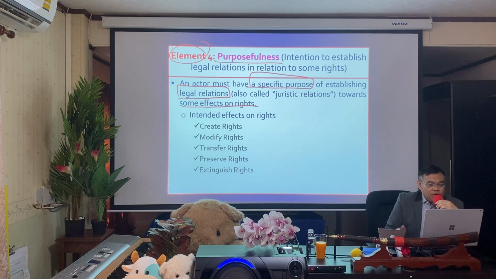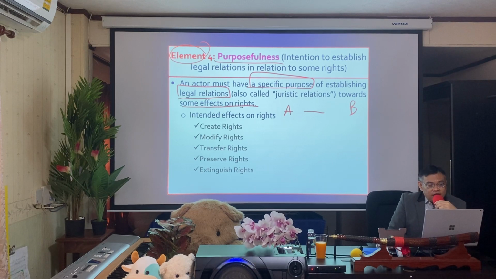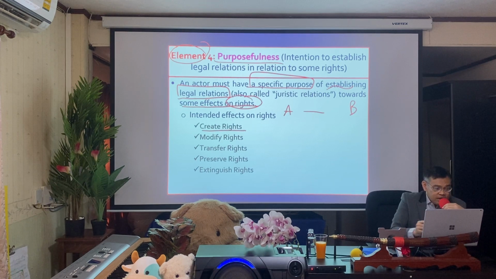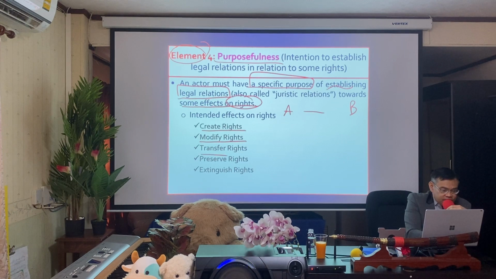A and B want to enter into a deal. They want to enter into a juristic act. A and B must have some specific purpose. They want to establish legal relations in relation to some rights. Maybe they want to create some rights. Maybe they want to modify some rights. Maybe they want to transfer some rights.